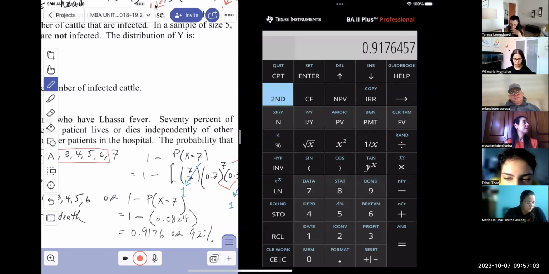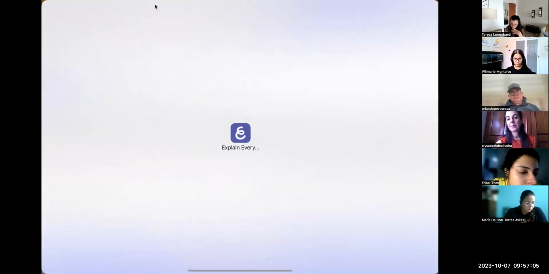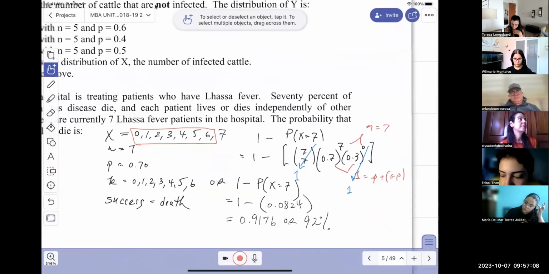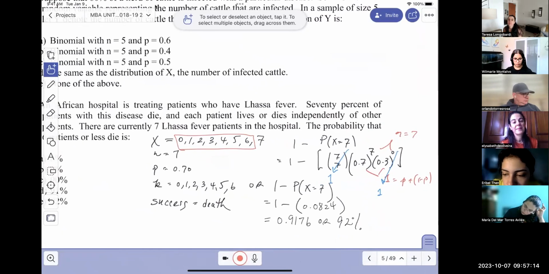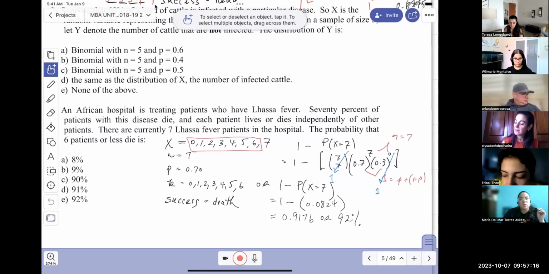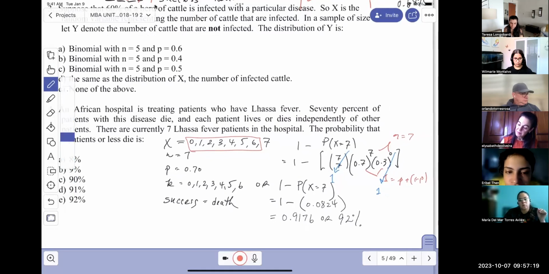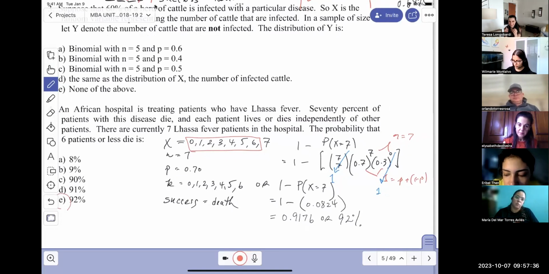Does anyone want to see me make any other calculations? So the answer is E. And I'm using the basic rounding rules. I didn't do anything special.